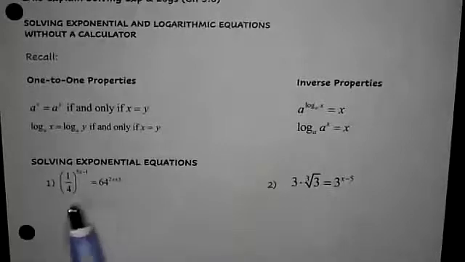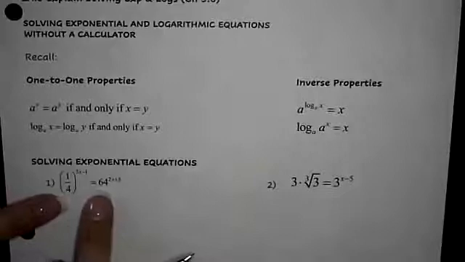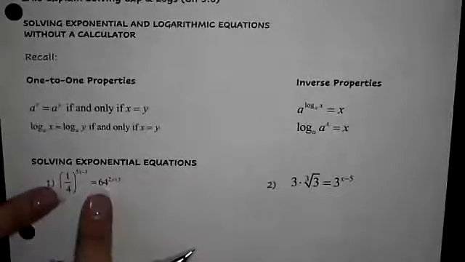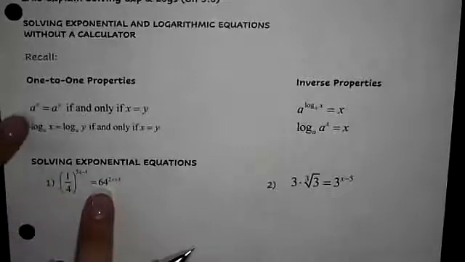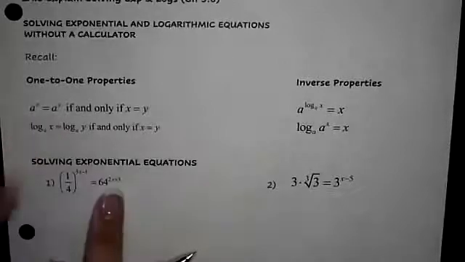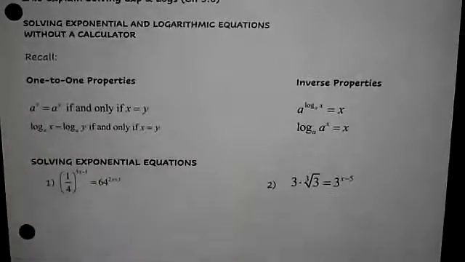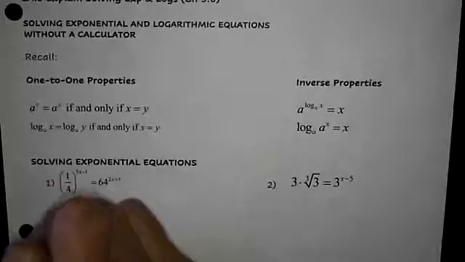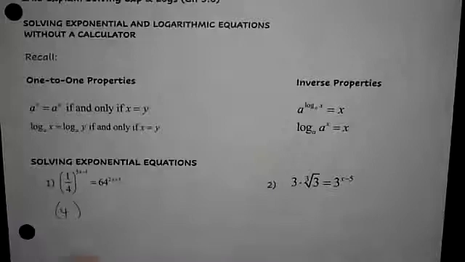So if I'm solving an exponential that looks like this, we have 1/4 and we have 64. You've got to have the number sense to realize that 1/4 and 64 can have exactly the same base. And so we can get them to be the same base so we can set our exponents to be the same. 1/4 can have a base of 4.